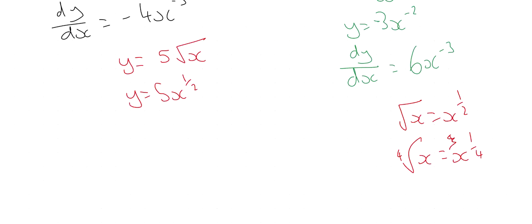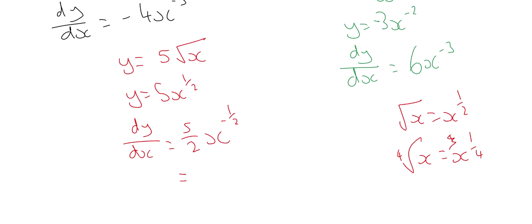So then what does this become? dy/dx is 5/2 x to the power of? Yeah, -1/2. I need to now rewrite this, okay? So how could I rewrite this so it's a single thing with no negative powers?